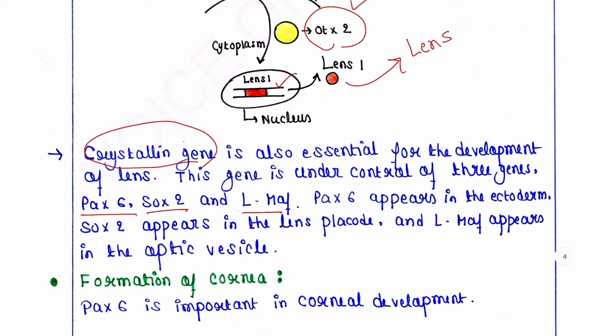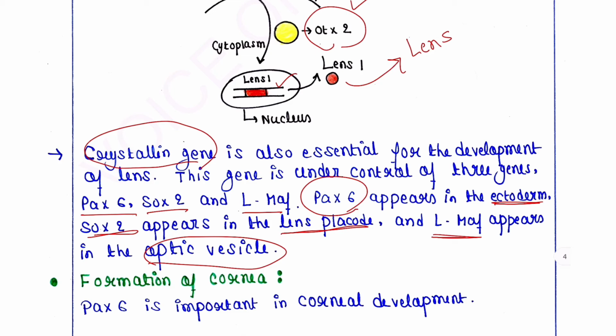These three genes will control the crystalline gene, and that gene is essential for lens formation. PAX6 appears in the ectoderm, SOX2 appears in the lens placode, and L-MAF appears in the optic vesicle.